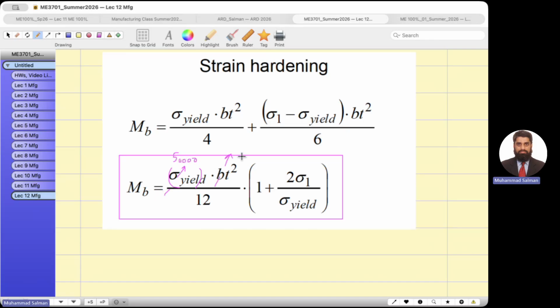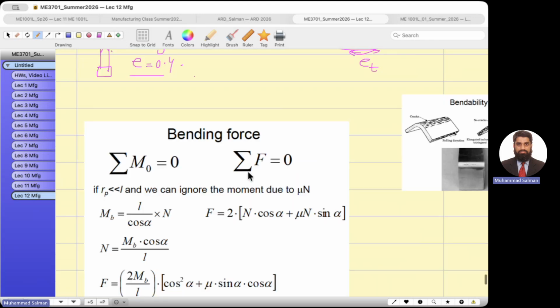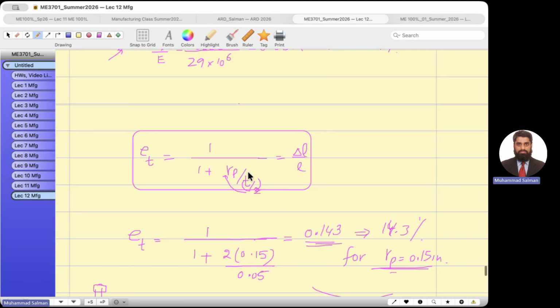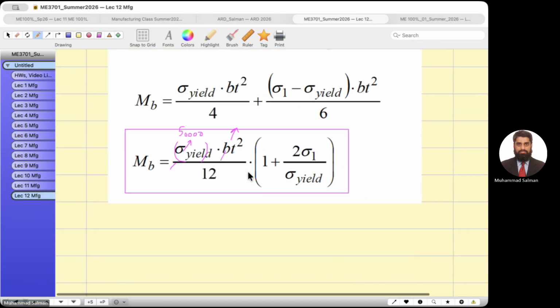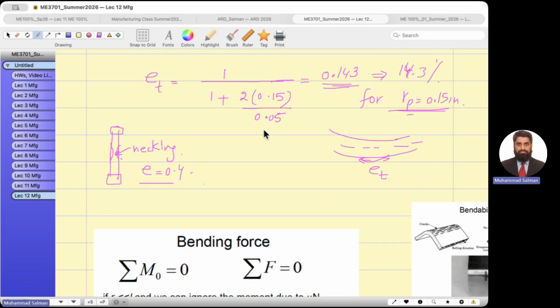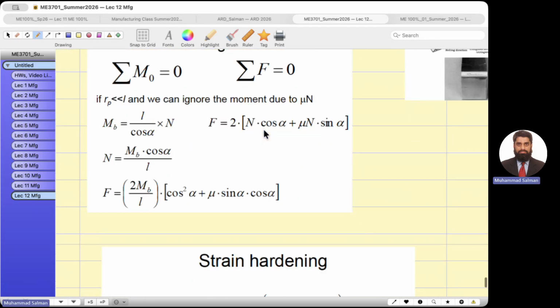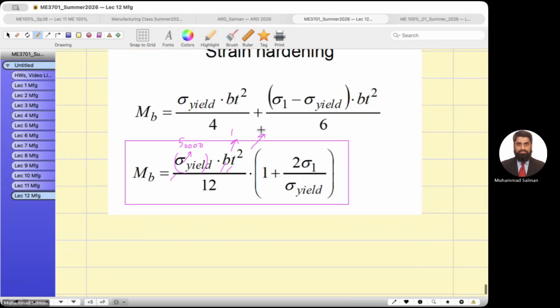What is the breadth of the sheet metal? 1 inch. And the thickness? 0.05. Agreed? This is 0.05 squared. And sigma yield is 50,000.